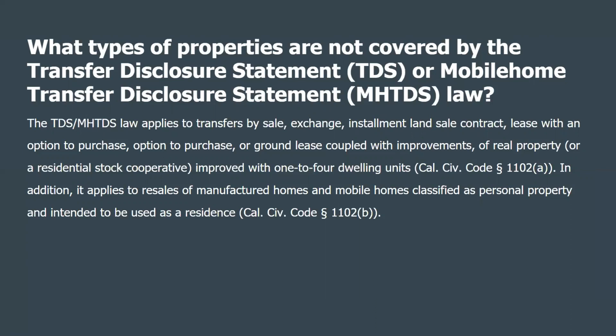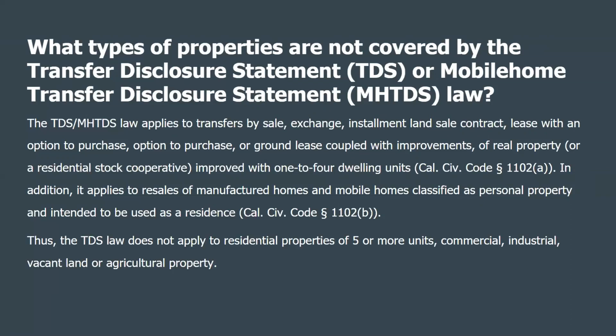In addition, it applies to resales of manufactured homes and mobile homes classified as personal property and intended to be used as a residence. Thus, the TDS law does not apply to residential properties of 5 or more, commercial, industrial, vacant land, or agricultural property. If you'd like to see more information on that, you can refer to California Civil Code 1102.